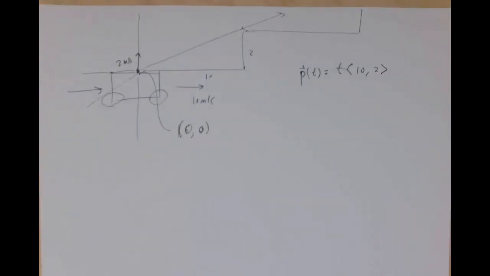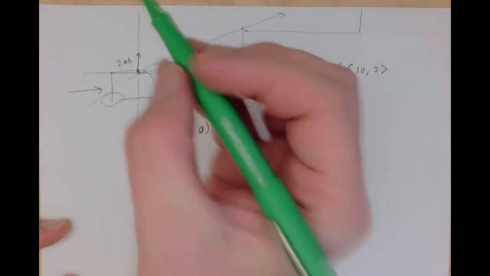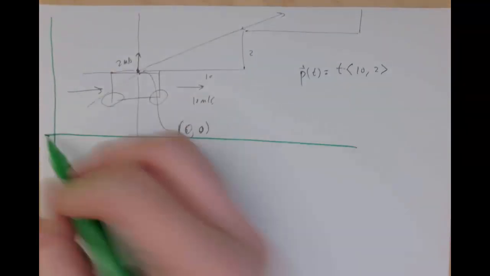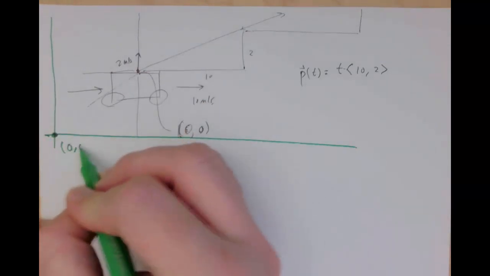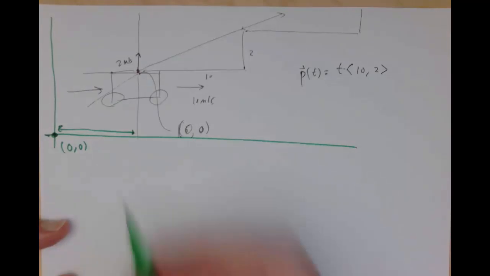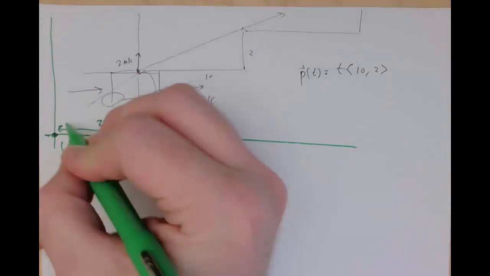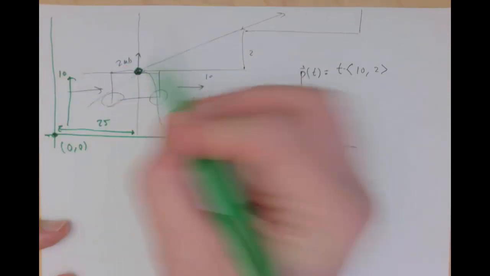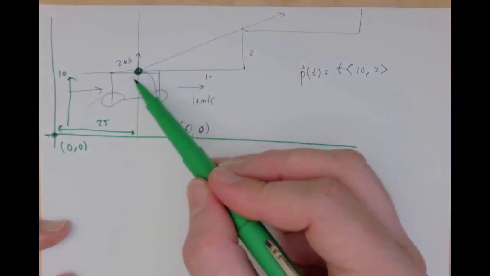Okay, for part B, what if it leaves my hand at a different place? So I'm just going to keep the same picture, but I'm going to draw a new origin. So what if the origin now is somewhere down here, and this distance is, what does it say in the problem? This distance is 25, and this distance is 10. And then same thing, this point is the point where it leaves my hand.